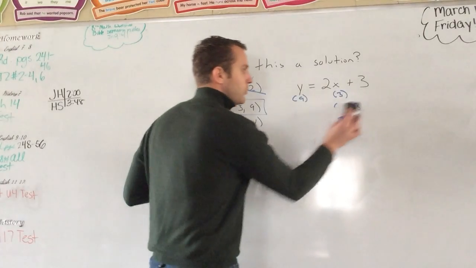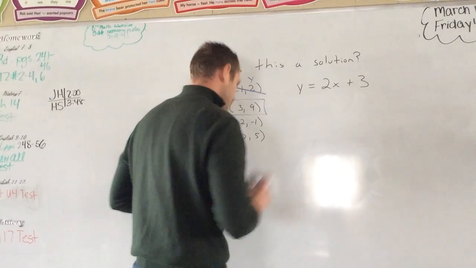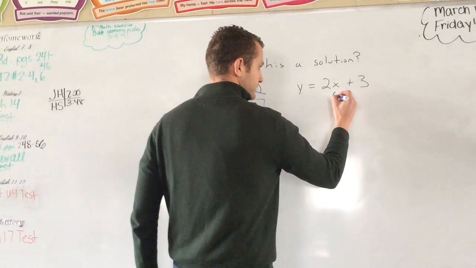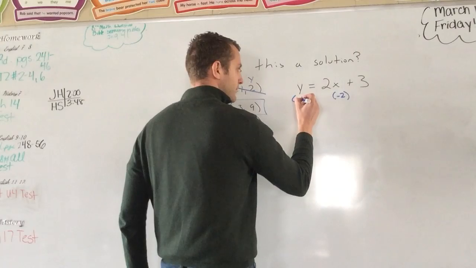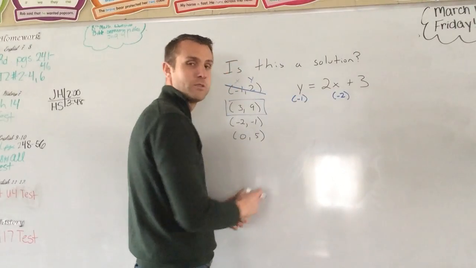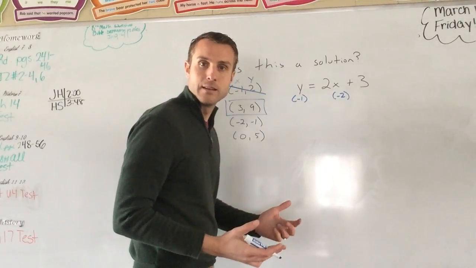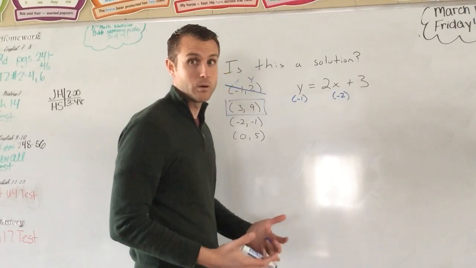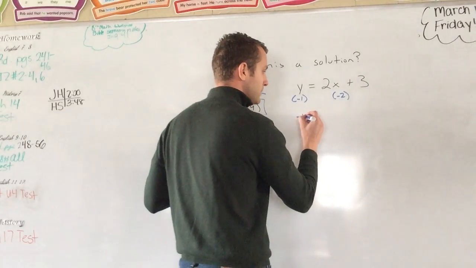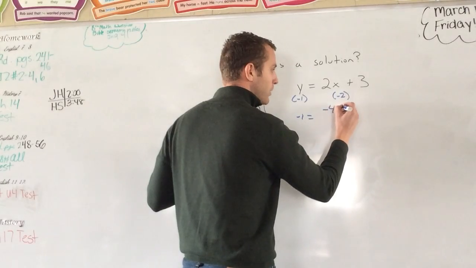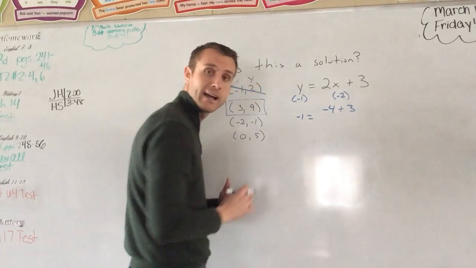How about my third one? (-2, -1). 2 times -2, a negative times a positive always equals a negative. So that's -4 plus 3. Different signs.